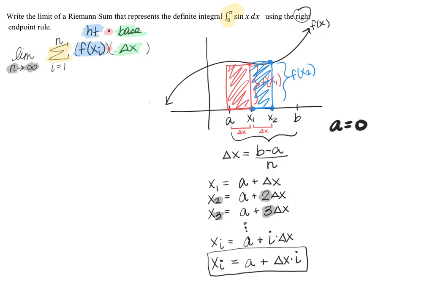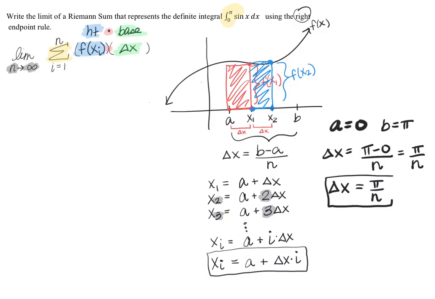Our b value is pi. So when we compute our delta x, b minus a divided by n, that'll be pi minus 0 divided by the number of rectangles, which is n. And therefore, our delta x is pi divided by n. So delta x is equal to pi over n. That'll be important when we write the limit of our Riemann sum.